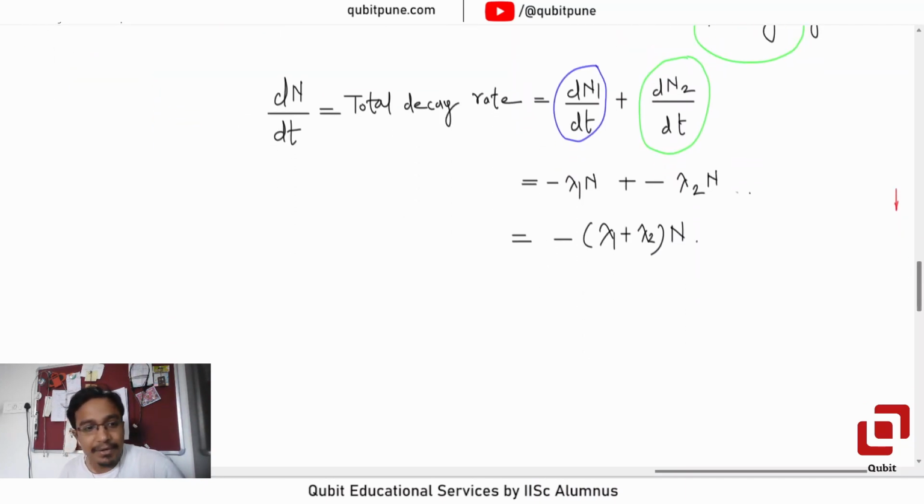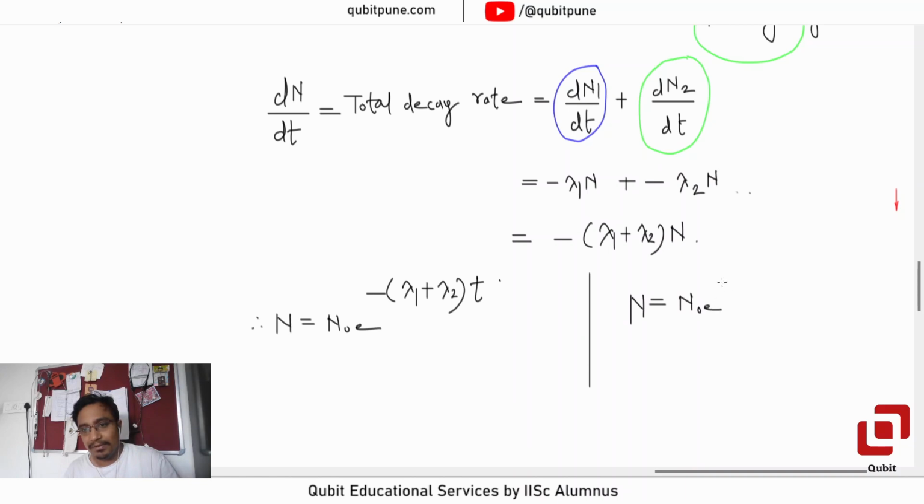Now this will get reflected in the solution also. So N is equal to N naught e raised to negative (lambda 1 plus lambda 2) t, because the original solution is N is equal to N naught e raised to negative lambda t. Got it?